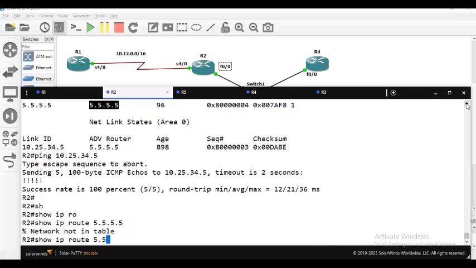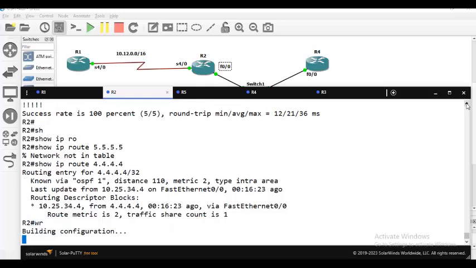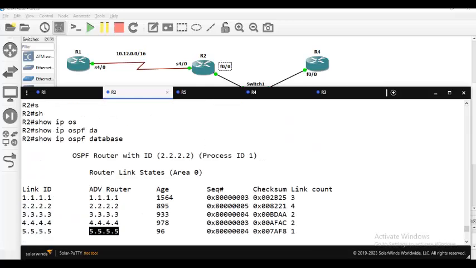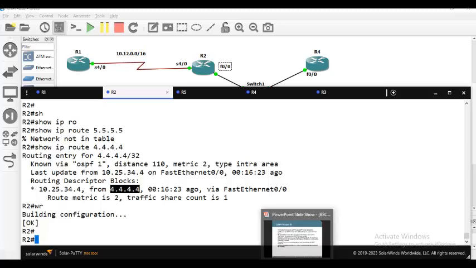Okay, so the router ID is simply an ID. The designer made OSPF dynamically take an interface IP address, because in the real world we don't give the same IP address to two different routers' interfaces. So when we don't give OSPF a router ID manually, it is going to pick the router ID from the loopback interface.